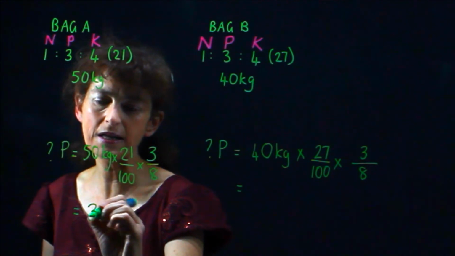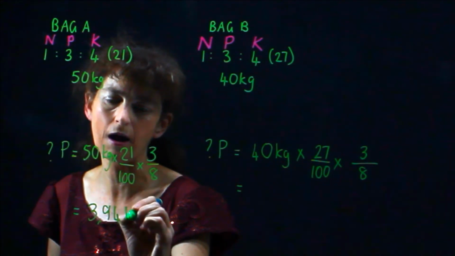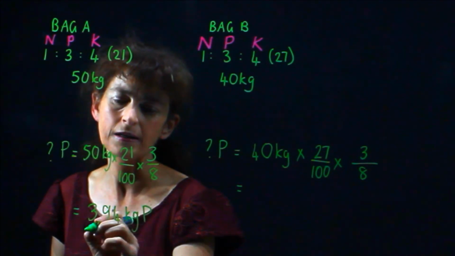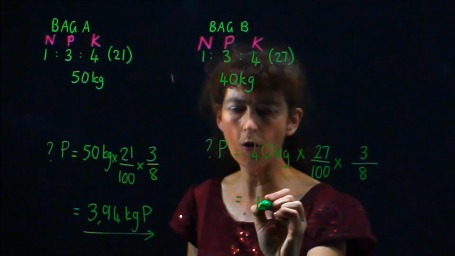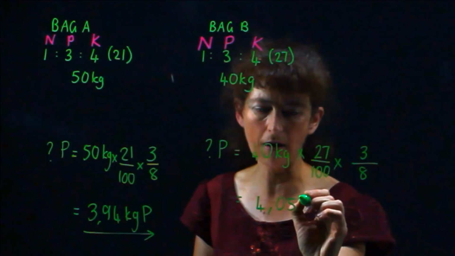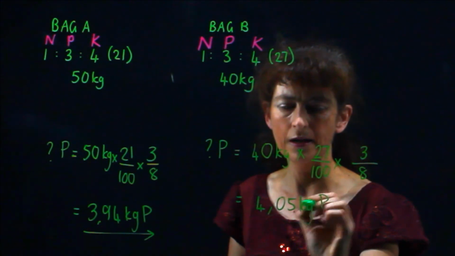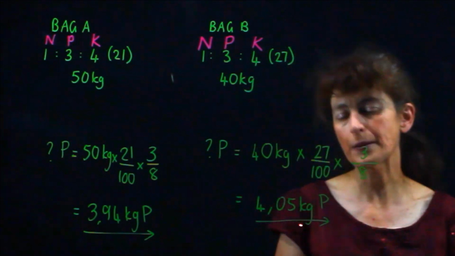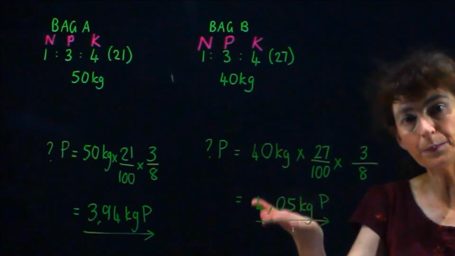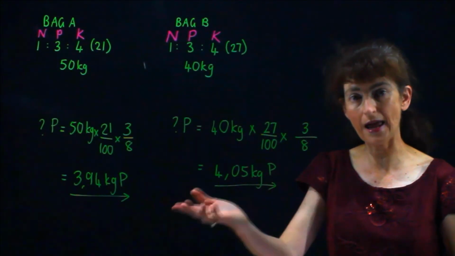And the answer is 3,94 kilograms of phosphorus in bag A. 4,05 kilograms phosphorus in bag B. And so clearly, bag B has more phosphorus in than A.